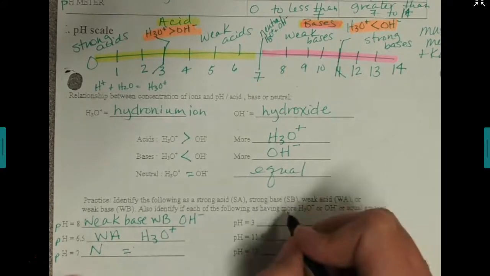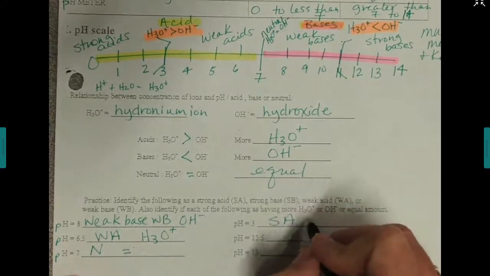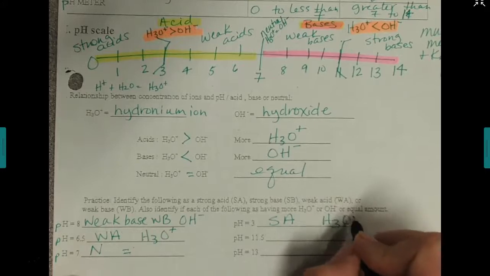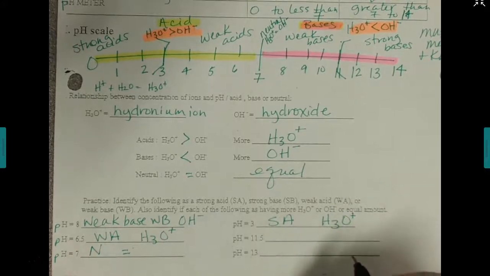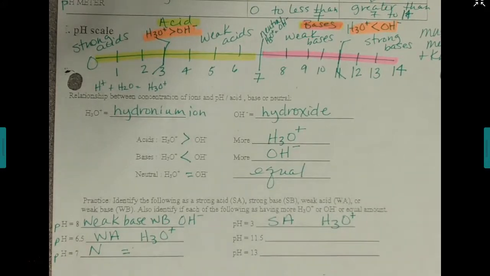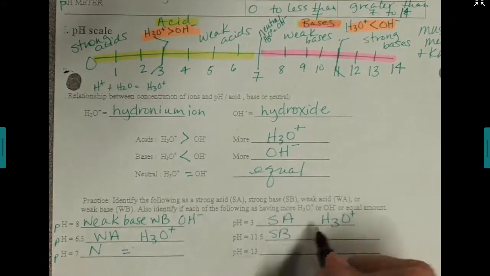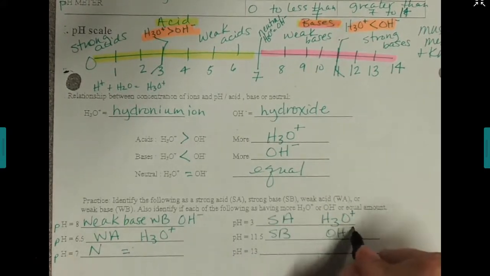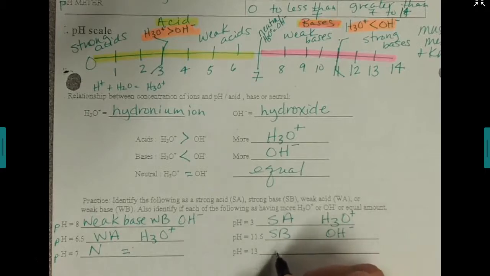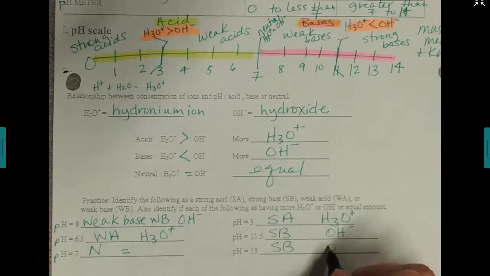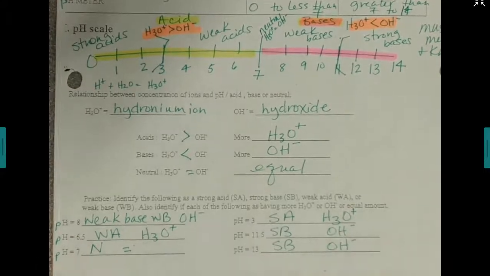A pH of 3 will be a strong acid, and of course it will have a greater hydronium concentration. A pH of 11.5 will be a strong base, and it will have a greater hydroxide concentration. A pH of 13 will be a strong base, and it will have a greater hydroxide concentration.